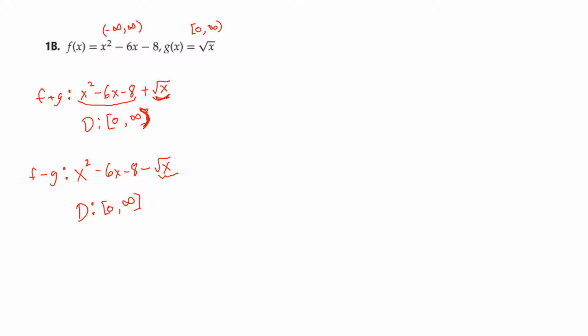Okay? I could also have f times g, and this would be x squared minus 6x minus 8 times square root x. Now I want you to remember square root x is the same as x to the 1/2. Okay, so I'm going to multiply this through here just so you can see how it looks distributed.